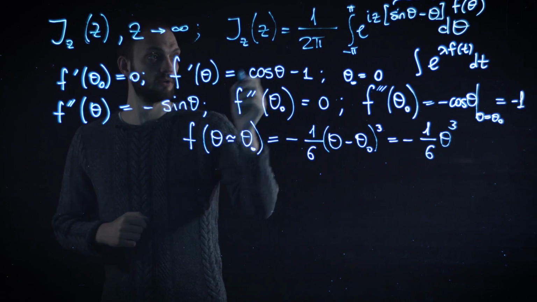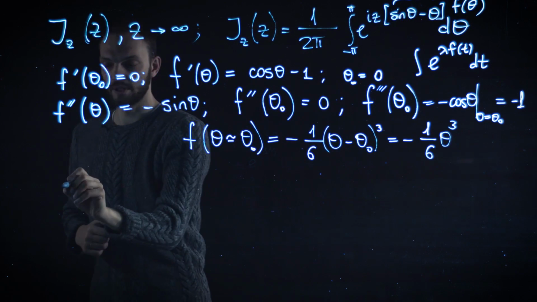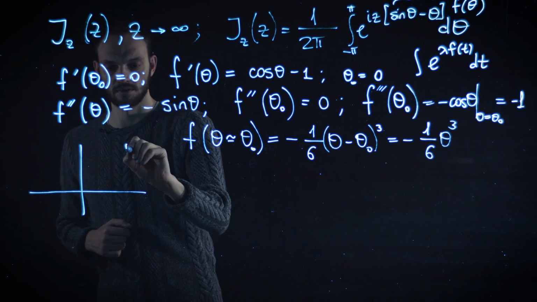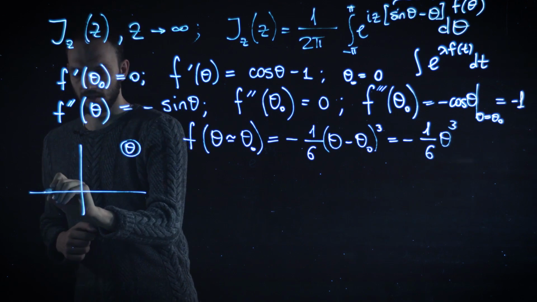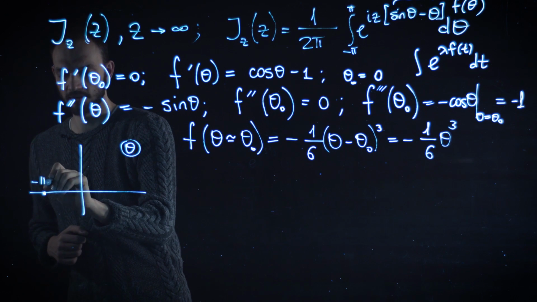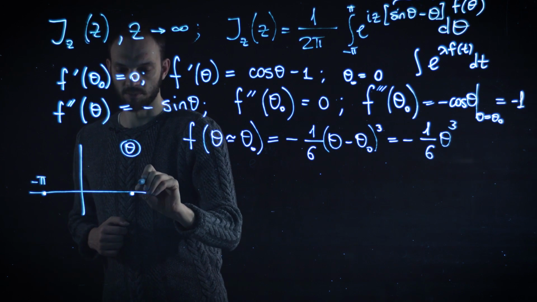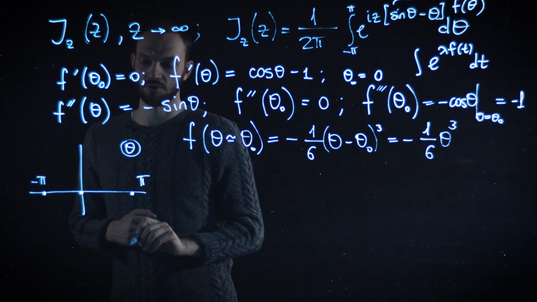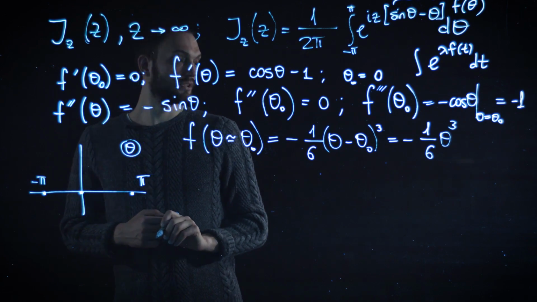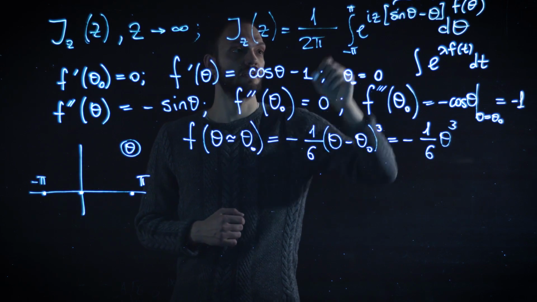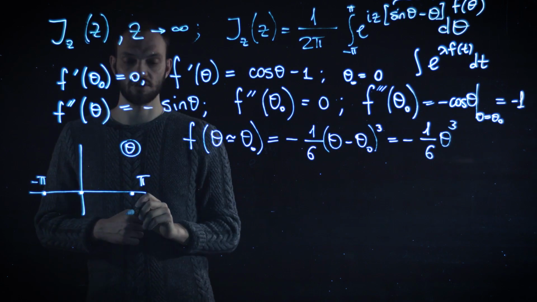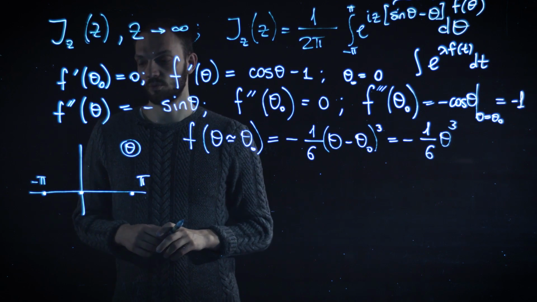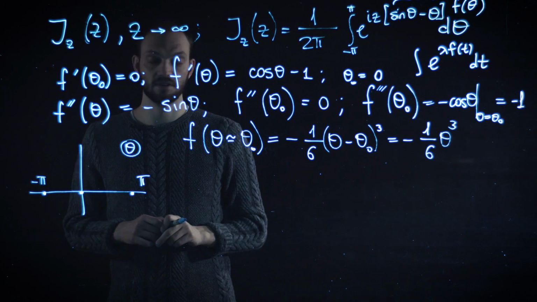And let us now analyze this expression. What we are doing is integrating in theta. This is the plane of theta. The integral starts from minus pi and ends at pi. And we have just identified a stationary point, which is in the middle of this interval. And we know the behavior of this exponent in the vicinity of the stationary point. But before proceeding, we need to realize what is actually going to be the dominant contribution.